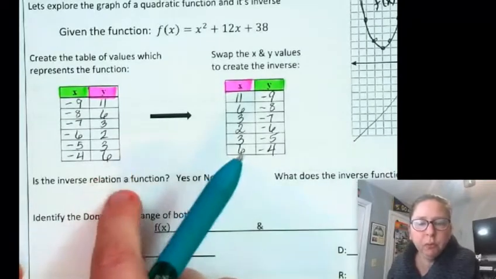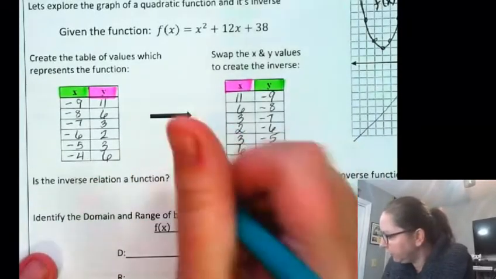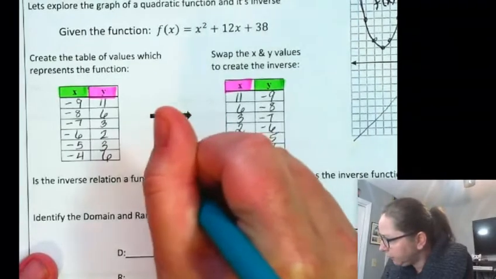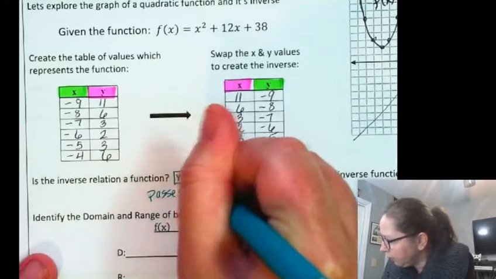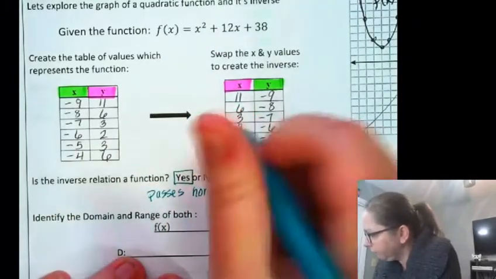So is the inverse relation a function? The answer is yes, it is. It passes the horizontal line test.